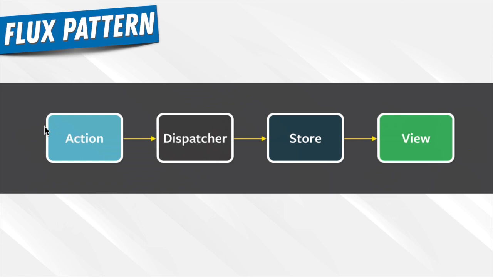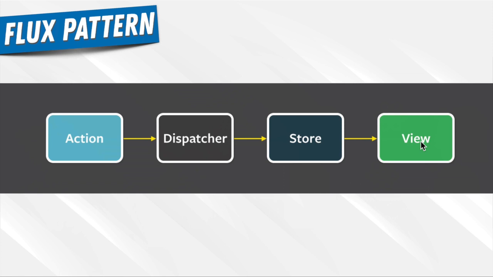And this flux pattern, which inspired the library Redux, has this idea of having an action and then having a dispatcher that dispatches this action to the store, which is our state, which updates the view. And it's one-way data flow. Everything flows one way. If the view gets updated, we go back to the action and again go through the dispatcher that dispatches the change to the store and then to the view.